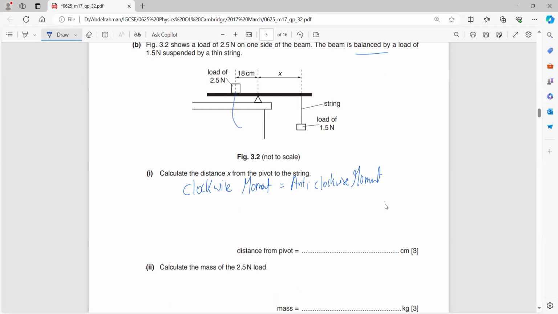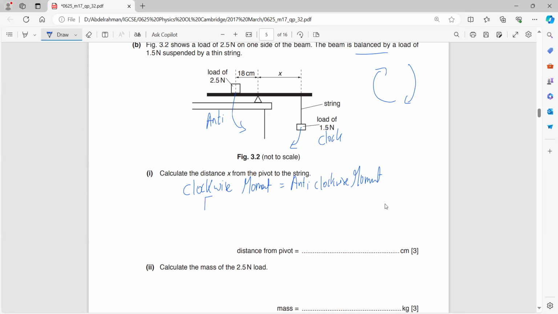This load will turn the beam this way, and this load 1.5 will turn the beam the other way. Clockwise. The clock rotates in this direction. So the 1.5 load is the one causing the clockwise moment, and the 2.5 load is the one causing the anti-clockwise moment.